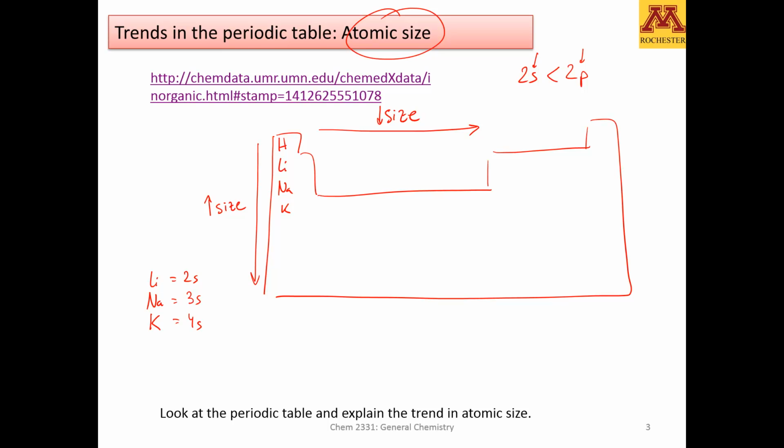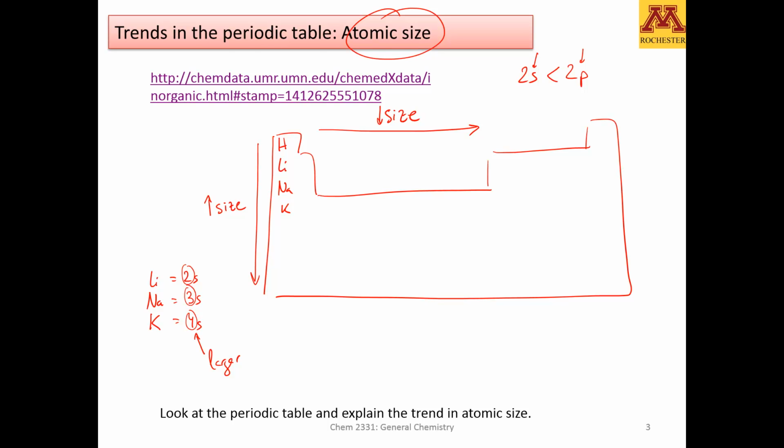This means that the principal quantum number changes, and it's larger. Remember, the principal quantum number talks about the size of the orbital. So this orbital is larger, therefore the size of the whole atom will be larger because the electrons are farther away. They are in a larger orbital.